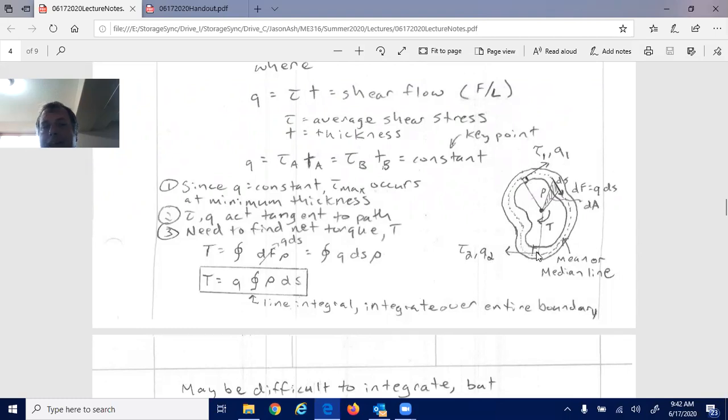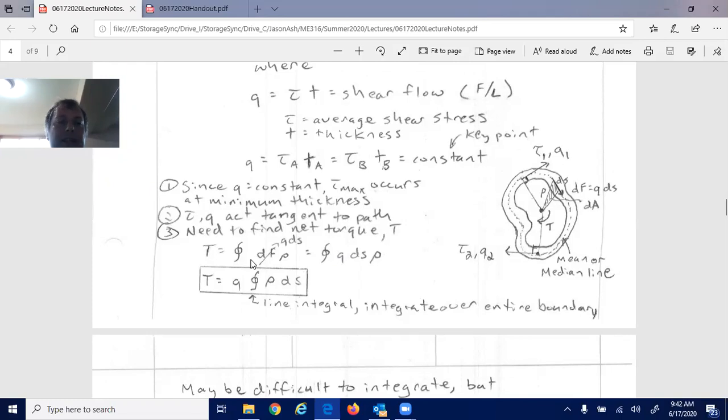So we know that acts tangent to the path. What we want to do then is find the net torque T and relate this back to the geometry as we did before with our torsion formula. Shear stress was equal to Tc over J, with c and J both being geometry parameters.